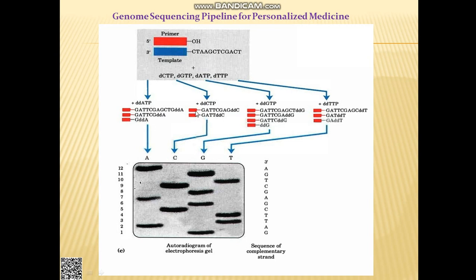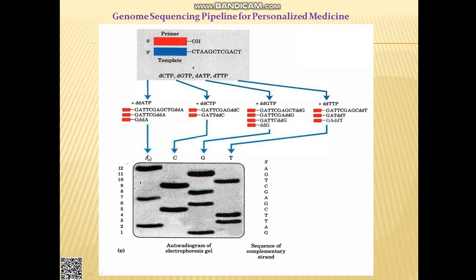So this is the first test tube, second test tube. In each and every test tube, along with these normal things, dCTP, dGTP, everything, you entered what? A dideoxyadenosine. Meaning what? You have entered something which is dideoxy. So every time there is this particular thing, one sequence is getting terminated.